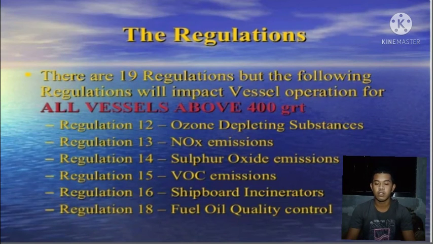NOx causes serious health damage to humans, including respiratory disease, and harms the ozone and animals. And 14, sulfur oxide emission. These gases are especially emitted by burning fuels such as coal and diesel, and other materials that contain sulfur, including power plant materials, processing and smelting facilities, and vehicles.